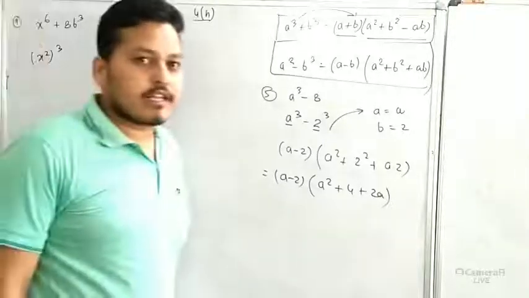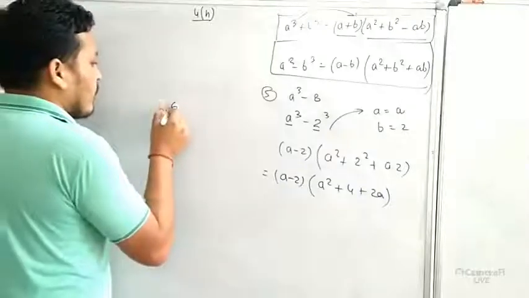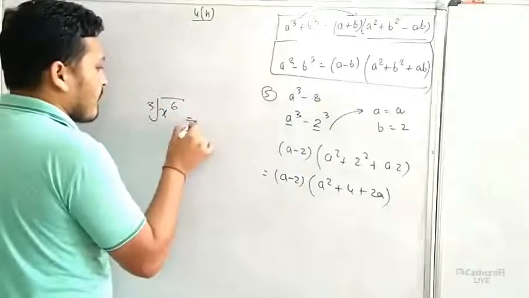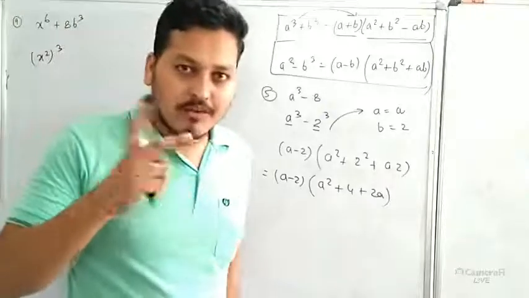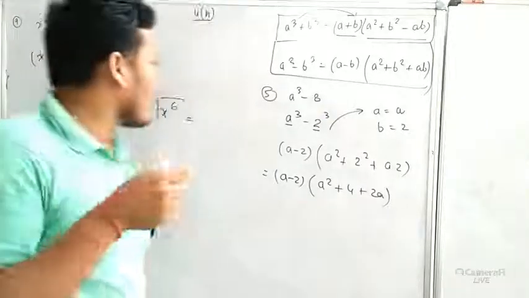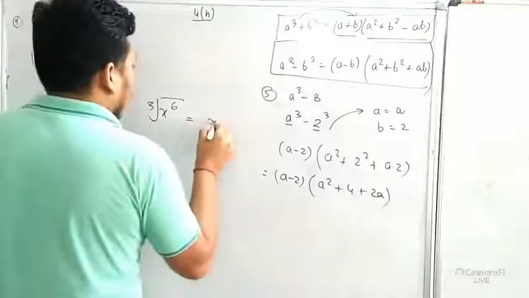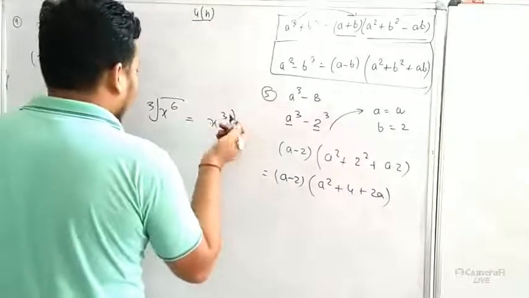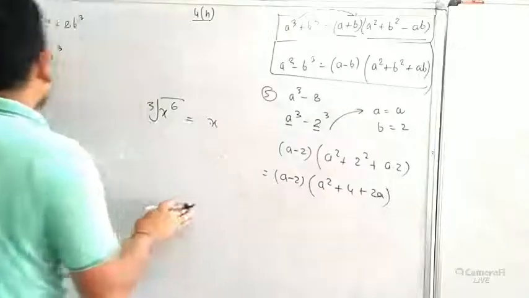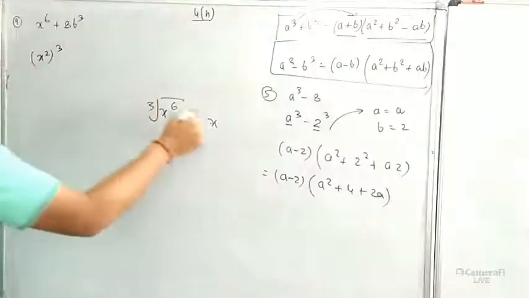Okay, x square outside 3 means the cube root of x to the power 6. Cube root of x square is x, so x to the power 3, and then take the cube root, so the power becomes 2.